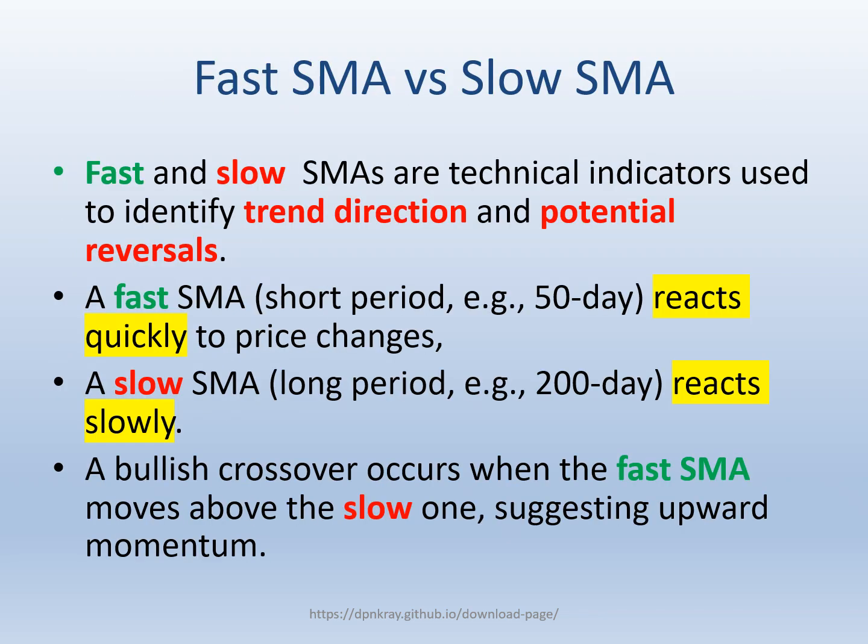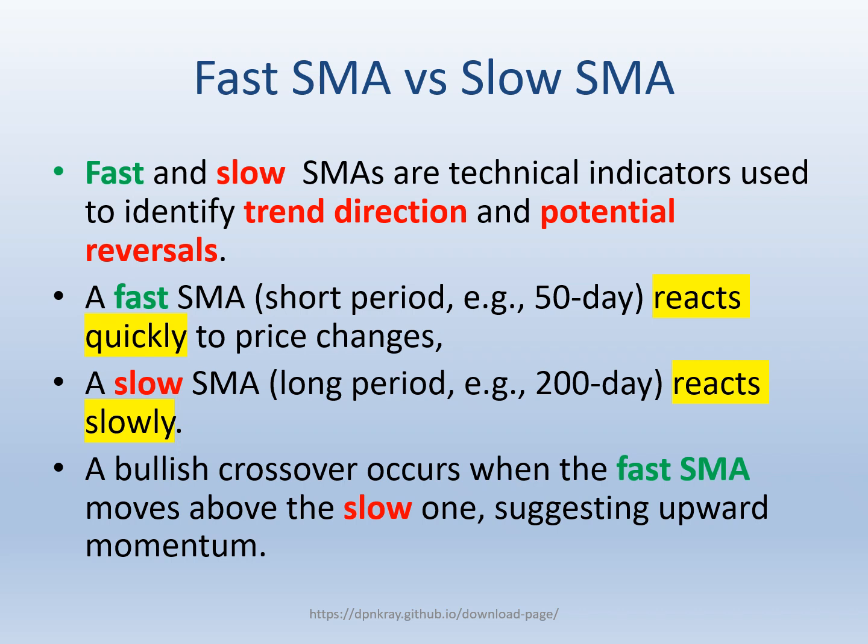Then we can discuss fast SMA and slow SMA. Fast and slow SMA are technical indicators used to identify trend direction and potential reversal. Fast SMA reacts quickly to price changes, whereas a slow window reacts slowly. In general, the fast window size is 50, and the slow window we consider as 200 days.